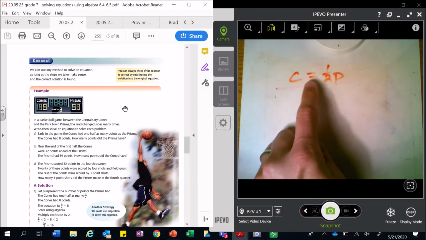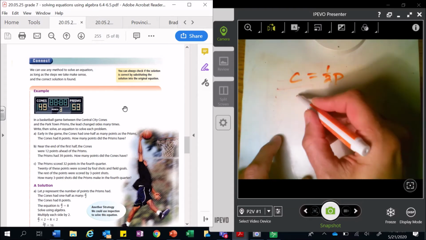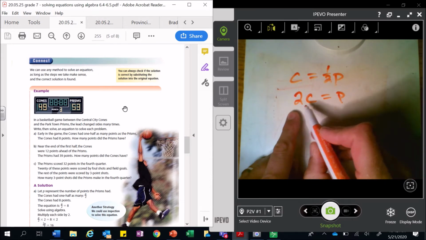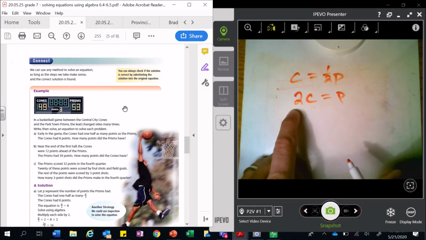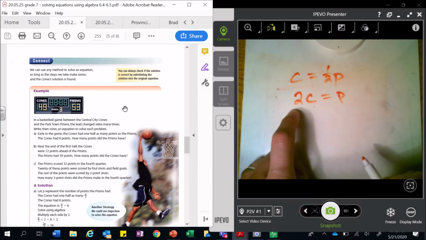You see, the Cones equal half of what the Prisms have. The Cones had 8 points. So how many points did the Prisms have? Instead of doing a half of P, wouldn't that mean that 2 times the Cones equals P? Like if they had doubled their score, they'd have the same amount as P. So this is a little bit of an easier equation to come up with.